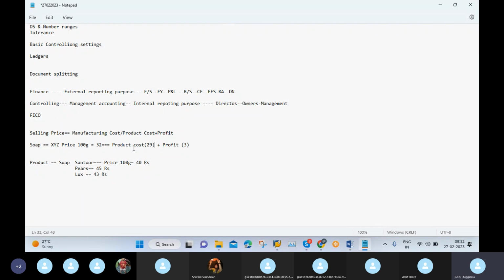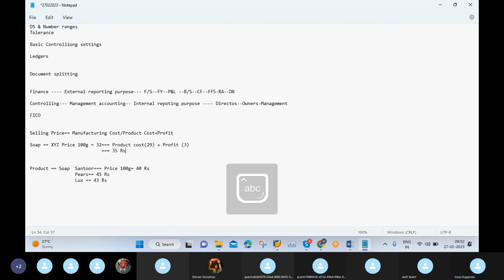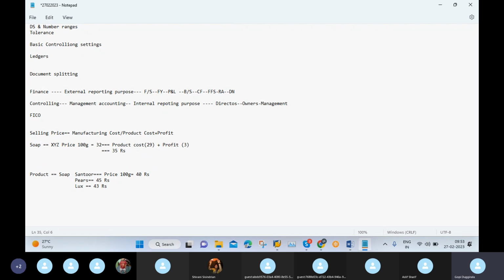But if you are manufacturing this soap, actually our product cost will be 35 rupees. So now you tell me, what is our selling price in this case? See, my soap.